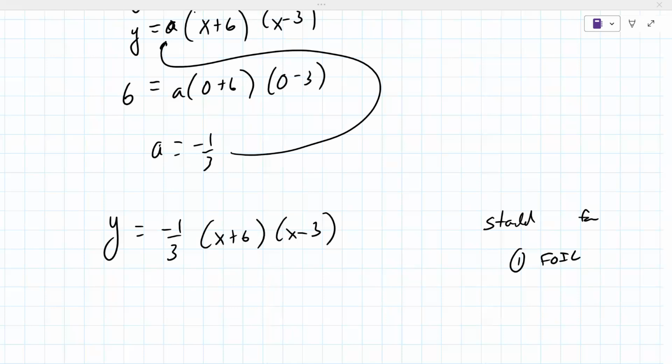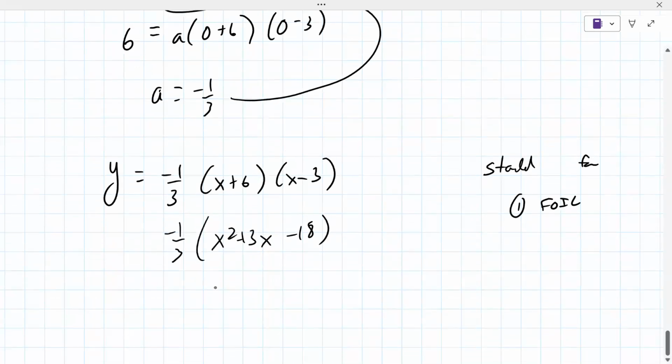So x squared plus 3x minus 18. Okay, very good. So when you multiply them by negative 1/3, you're going to change the sign.